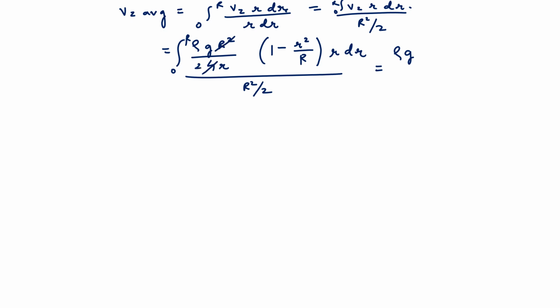This gets cancelled out, upon 2 mu into r minus small r cube upon capital R square, into dr, by multiplying by r.